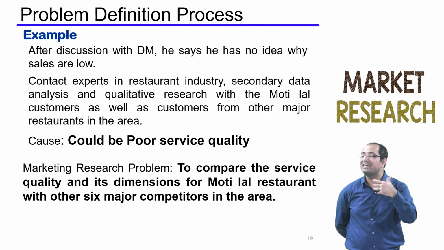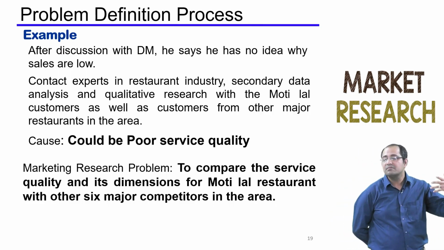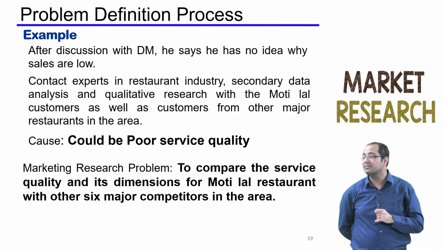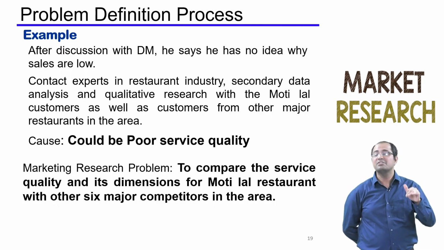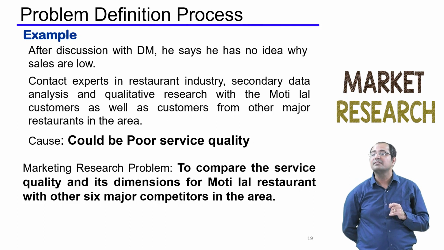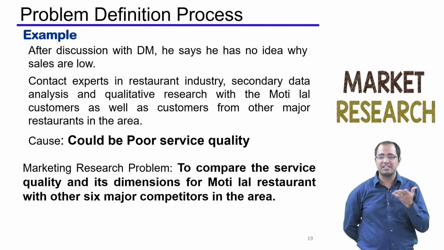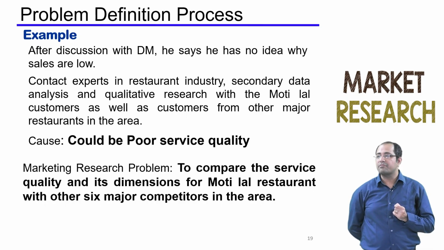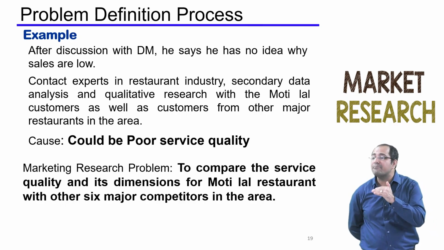So there are many things in the service quality. The ambience, but ambience would not come in service quality. Staff friendliness, as I already, sorry. Poor food quality will not come in service quality. Okay, so but service quality could have many constituents.